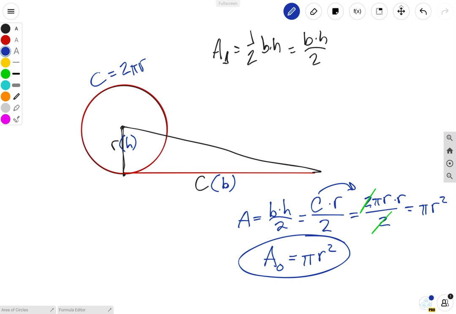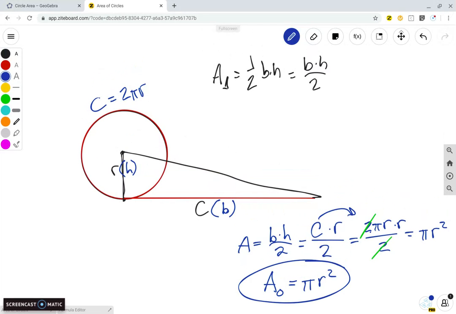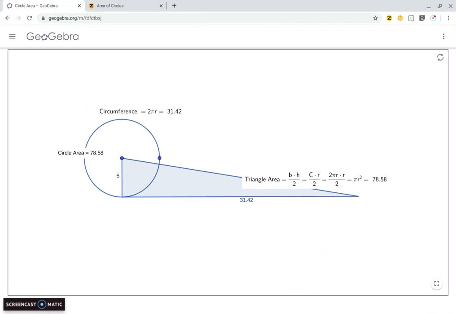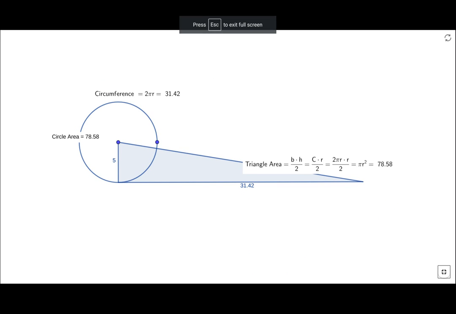All right, we're not going to go through a formal proof or anything, but I do want to show you a little interactive tool that illustrates this. So here we've got a circle, and then I have a triangle where this base is set to always match the circumference of the circle, or the perimeter of that circle. And then the height is locked in to be the same as the radius of the circle.